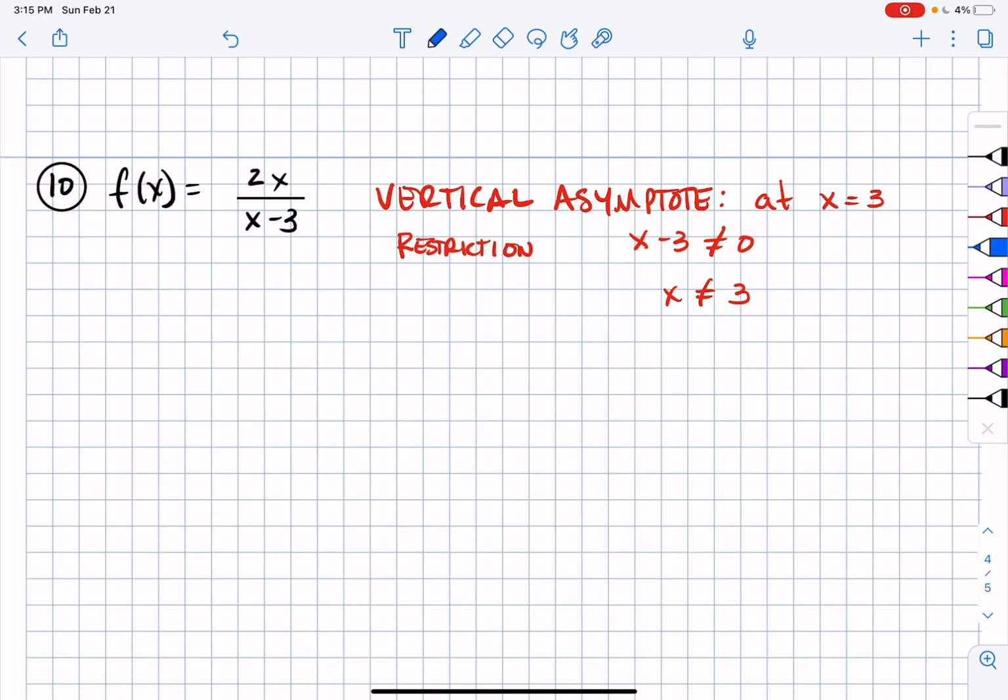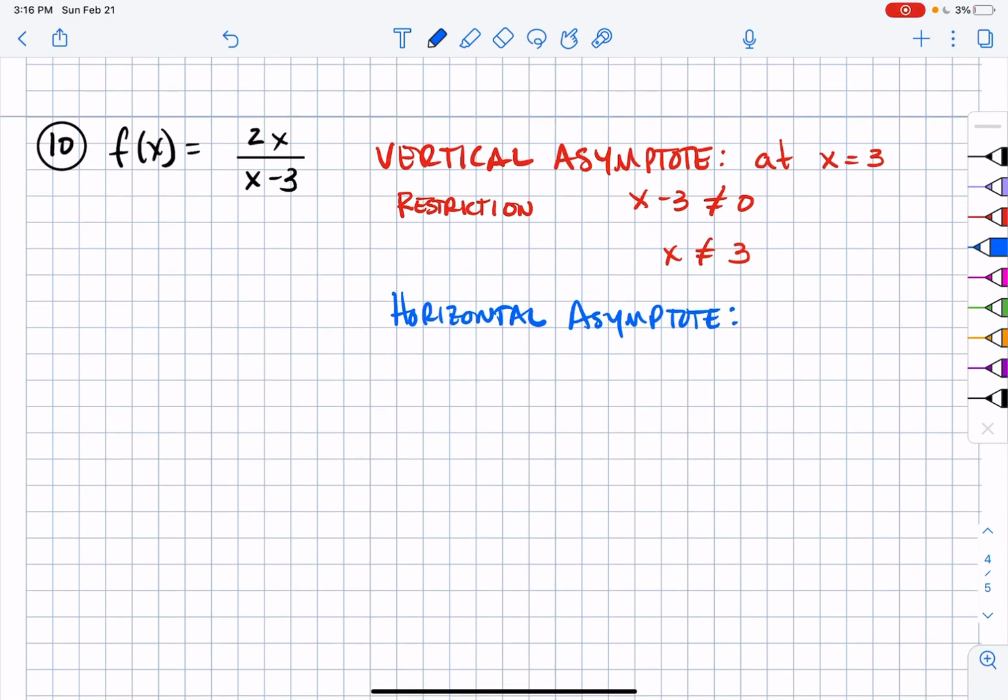Second, horizontal asymptote. With a horizontal asymptote, I'm looking at the highest power on the top and the bottom. The term with the highest power on top is 2x. The term that has the highest power on the bottom is the x.